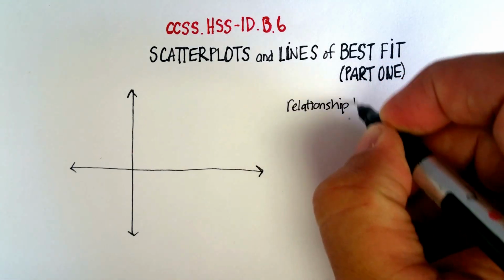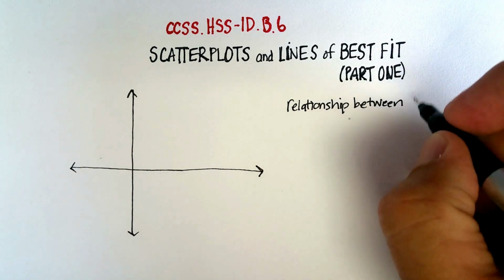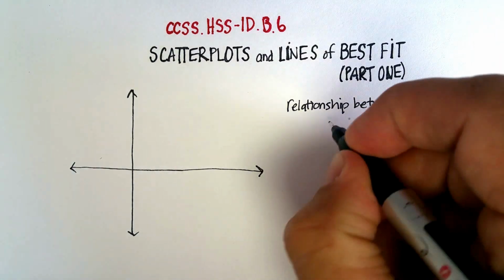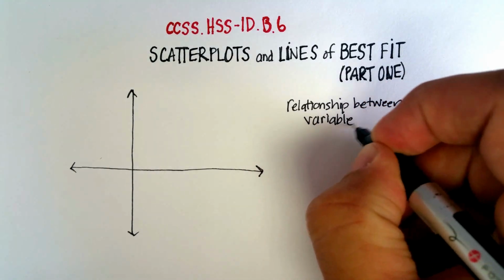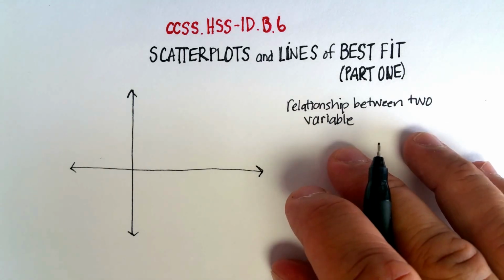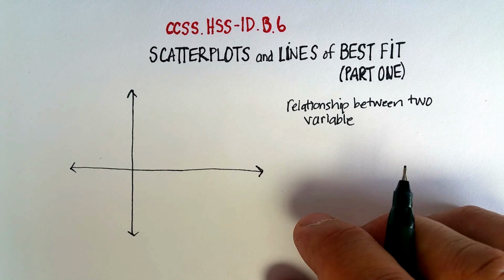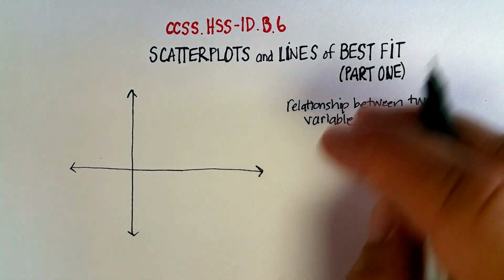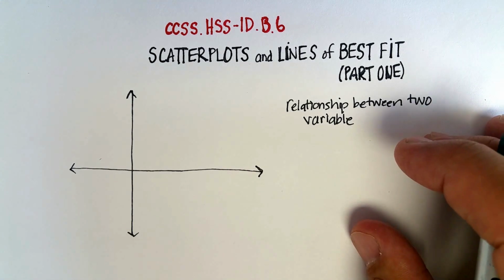The relationship between two different variables, okay? Now the variables might be something like height and weight. Is there a relationship between height and weight? Is there a relationship between how fast you go and the distance that you travel? And of course, that would make sense that there would be, okay?